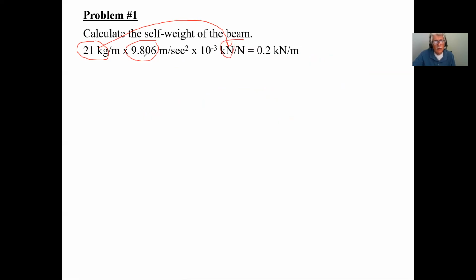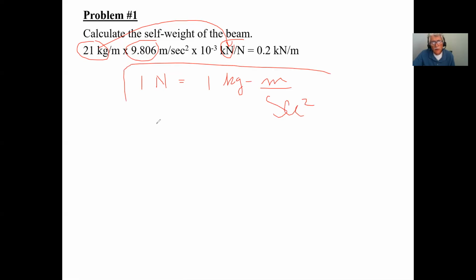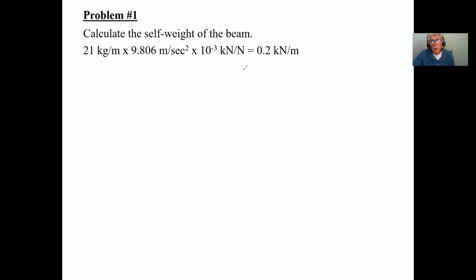Because if you remember, 1 Newton is equal to 1 kilogram accelerating at 1 meter per second squared, and that's what a Newton is. I don't know if they cover this in physics. They should explain what happens to a mass when you want to convert it into a force, and I hope they did that.